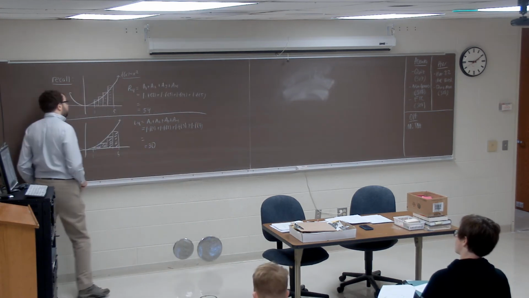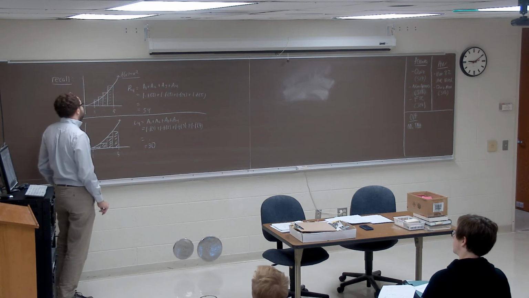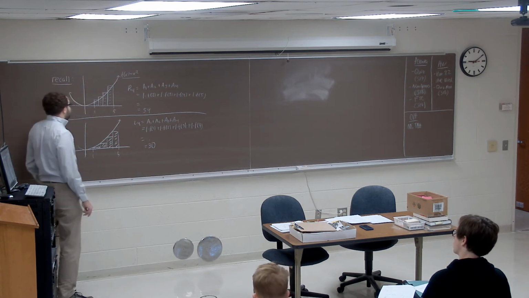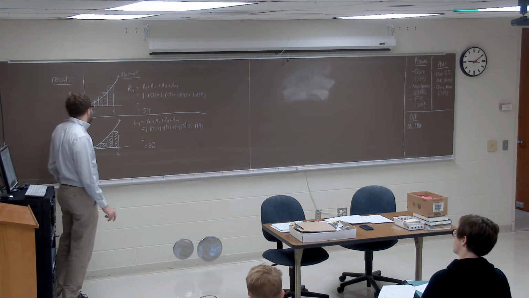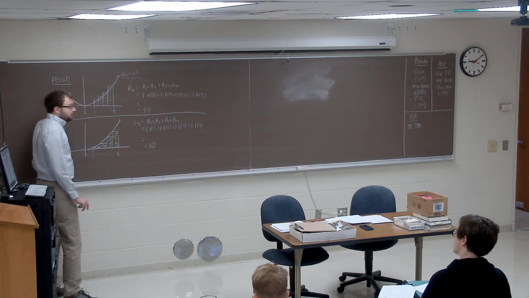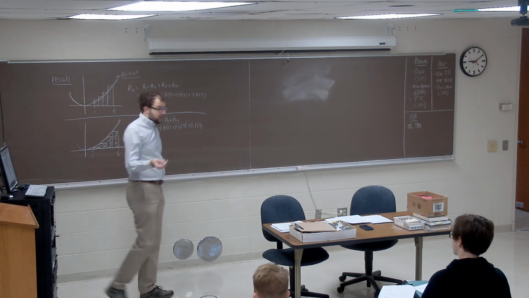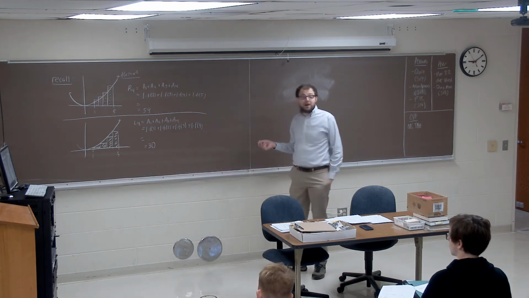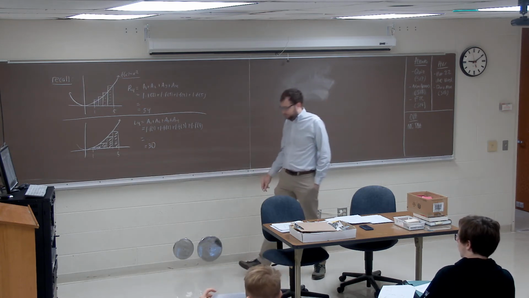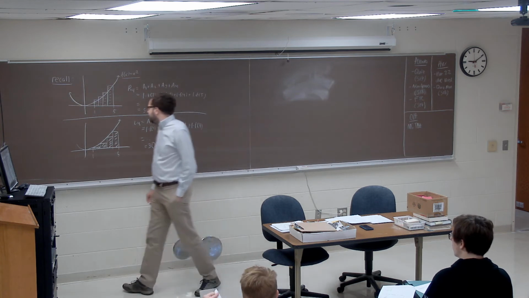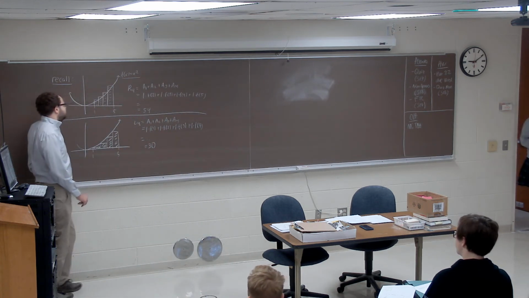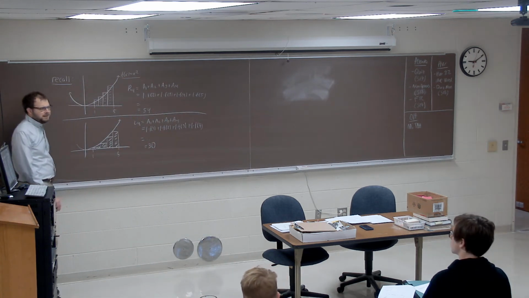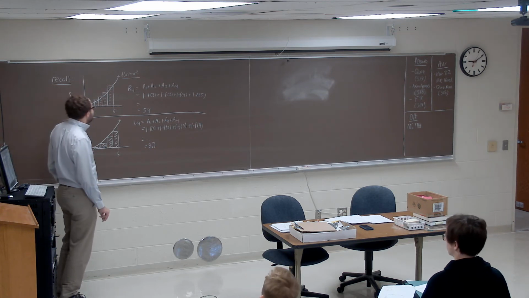And so the idea for finding the area under, say, f of x equals x squared from 1 to 5 was, let's split that region up into rectangles and add up the areas of the rectangles to approximate the overall area. And we talked about two different ways to do that, with a right endpoint approximation and a left endpoint approximation.